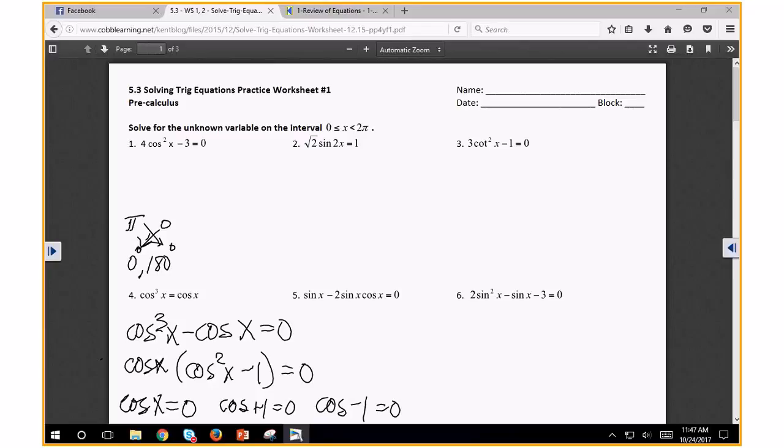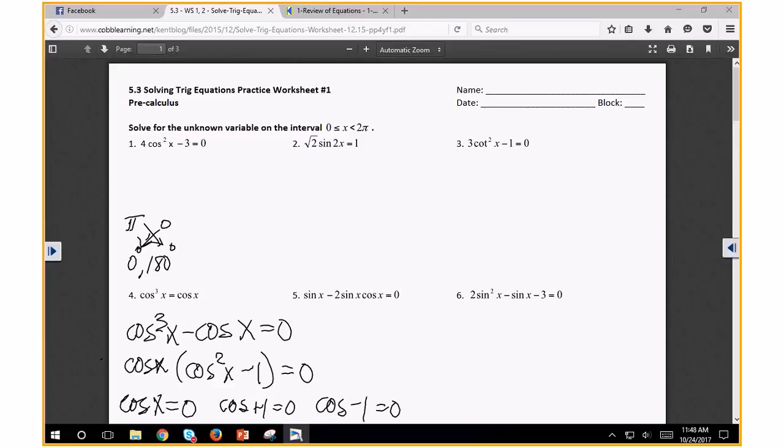When is the cosine equal to 1? You just got it. When is it? When cosine is negative 1. 0 degrees. So you got 3 different areas.